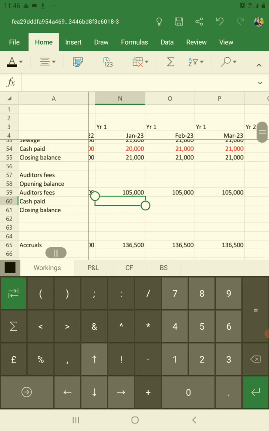So let's assume that the auditor will come in March to finalize the auditing of the accounts.